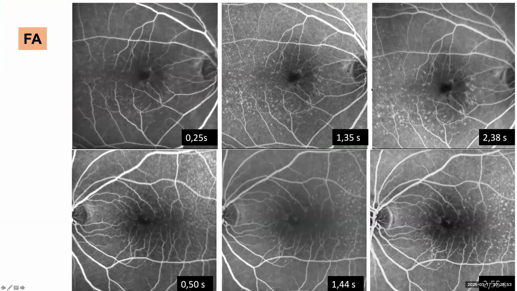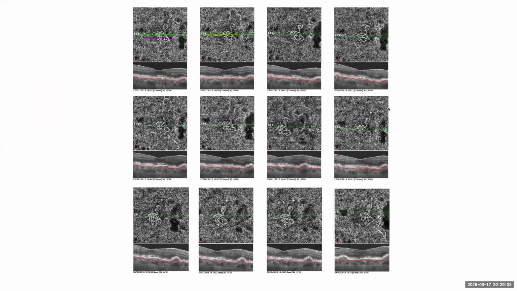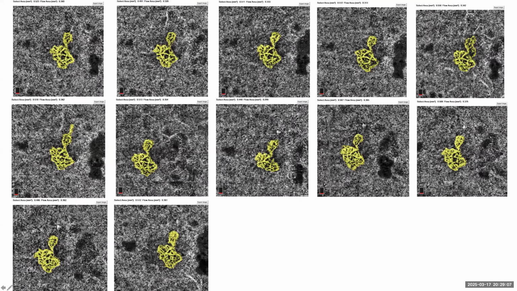Here is an example of FA, no change, no leakage. We only observe the RPE changes and the drusen. On OCTA, look at the lesion, we colorize the lesion, and here they are really stable with time, no change.